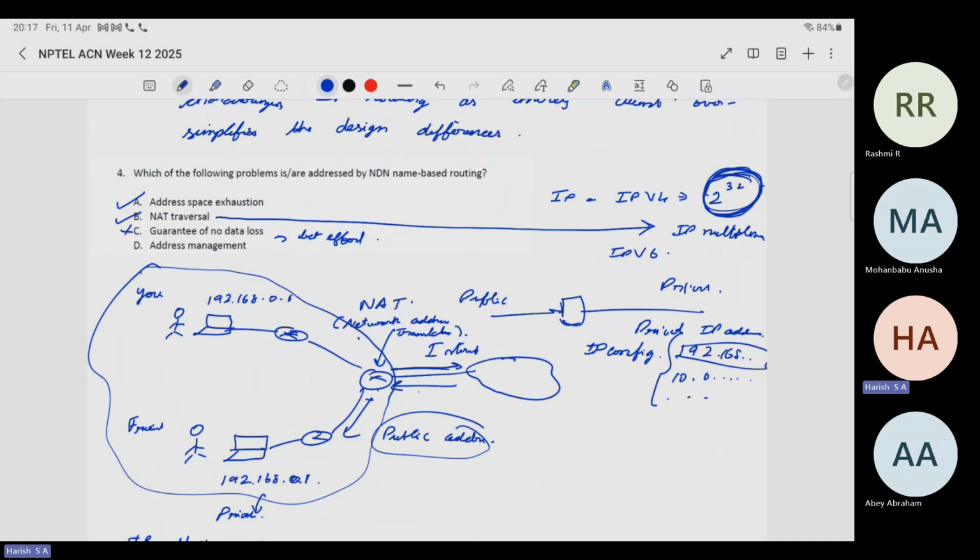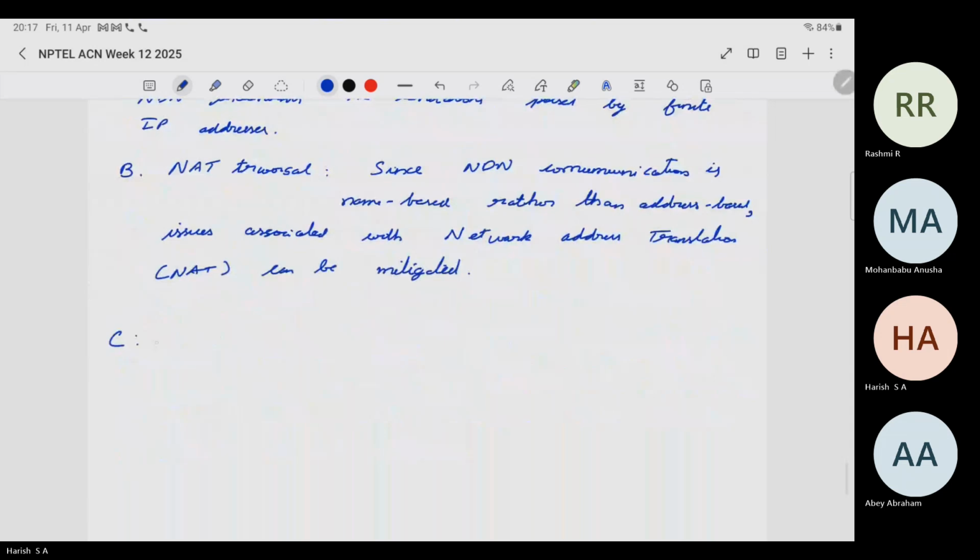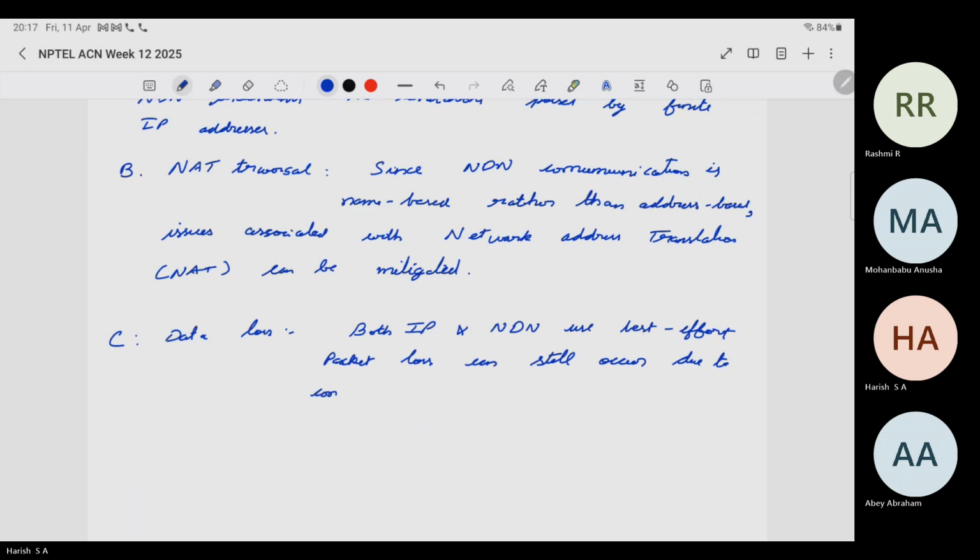Because we just saw this in a previous question: both IP and NDN use best effort, which means packet loss can still occur due to congestion or errors.